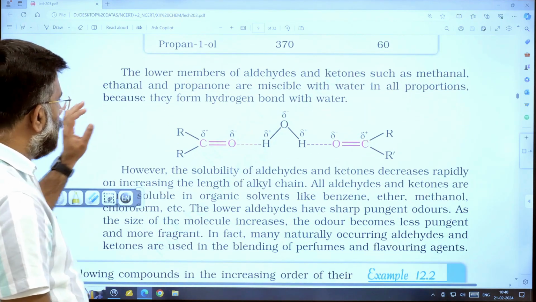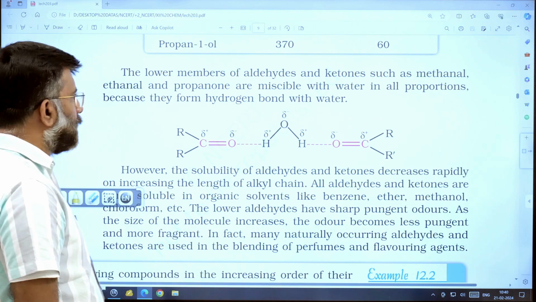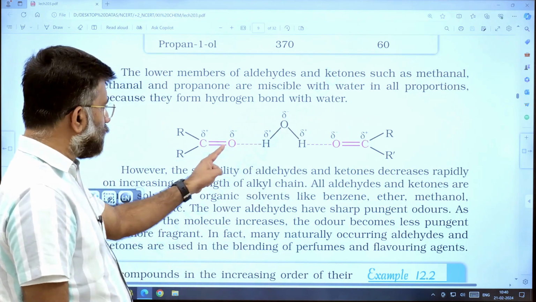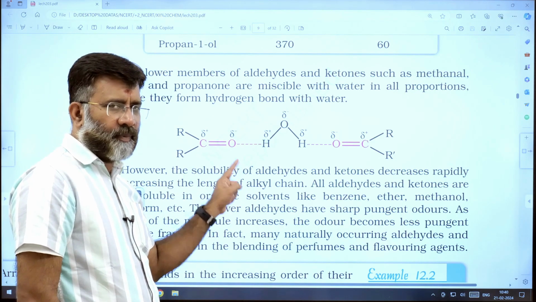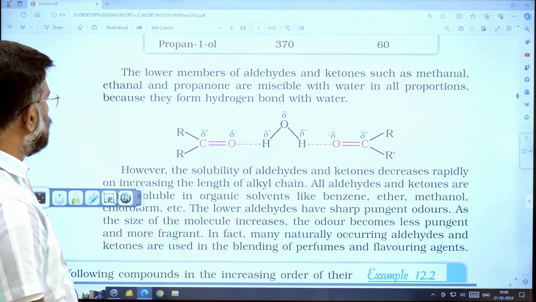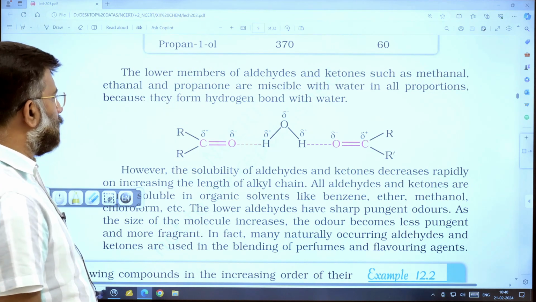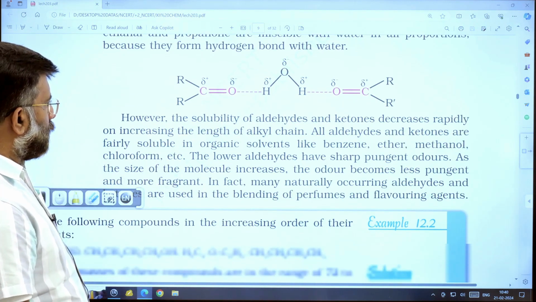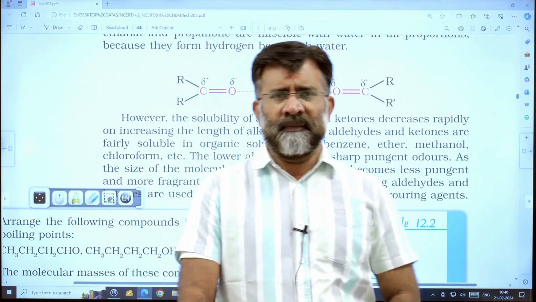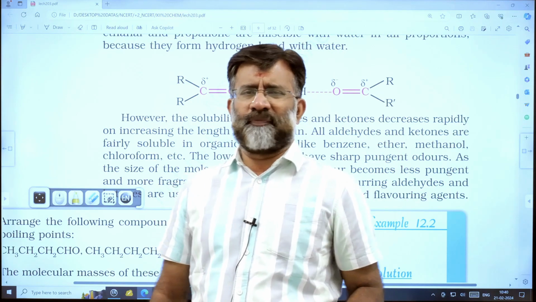Aldehydes and ketones can make hydrogen bonding with water using this oxygen, and due to the polar nature of the CO bond, it is able to make hydrogen bonding with water. Lower members hence can be miscible, but higher members will be more hydrophobic in nature.